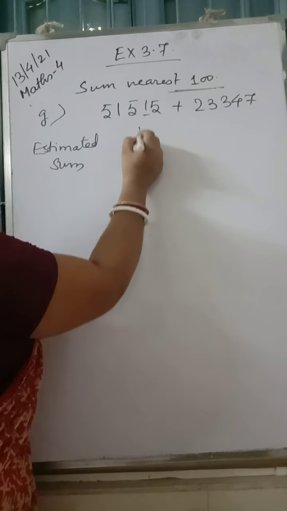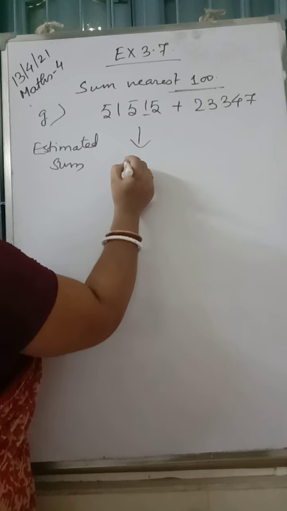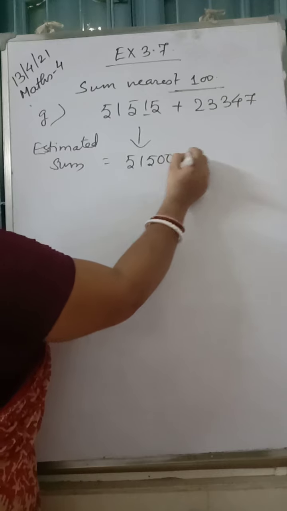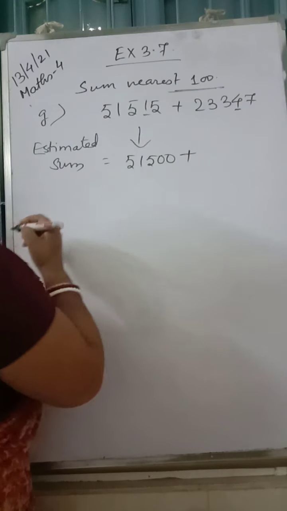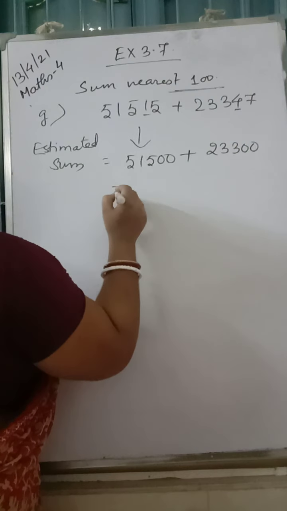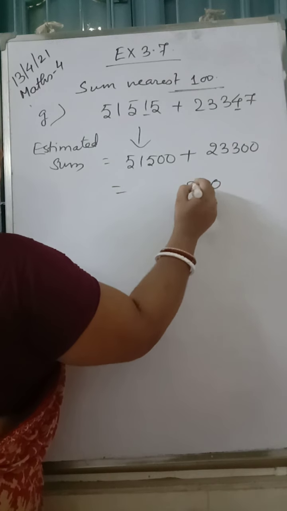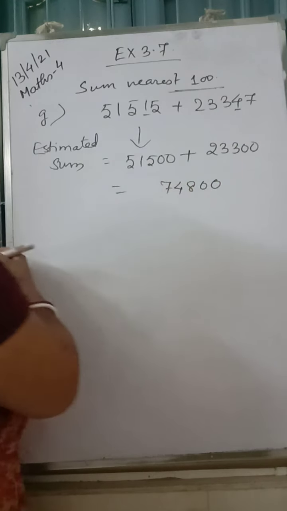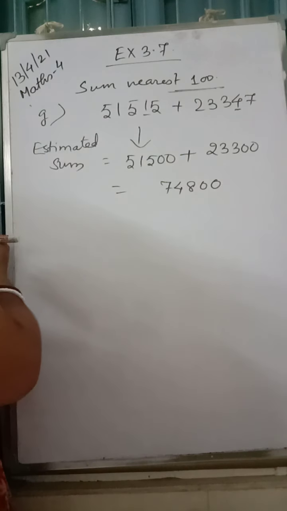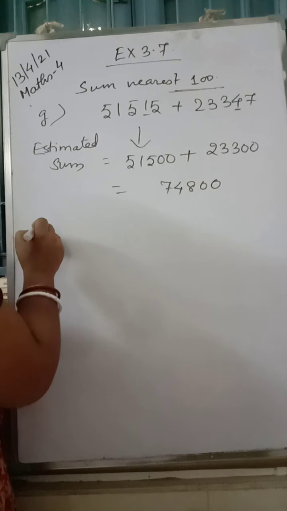So see, the tens place number is 1, less than 5. So this will be 51,500. Plus this is also less than 5, so this will be 23,300. Now we'll be adding it up. 74,800. Okay, like that we have to find the answers.